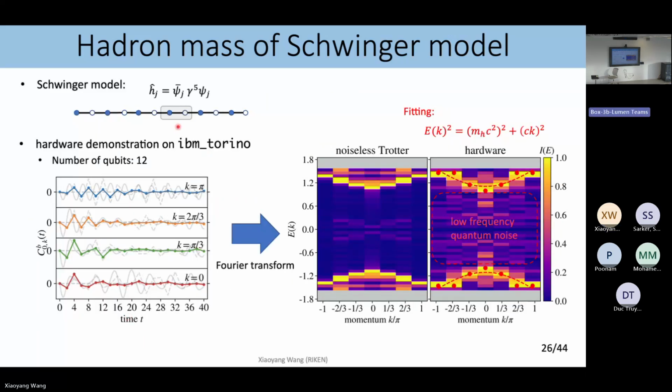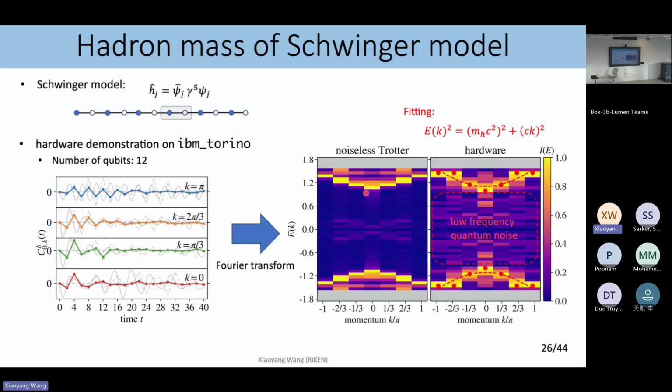Okay, so we first simply naively measure the two-time correlation function on IBM Torino, and after the Fourier transformation, we see that this is a hardware result. Compared with the noiseless Trotter results, there are a lot of peaks in the low frequency domain, which actually is a characteristic of low frequency quantum noise.